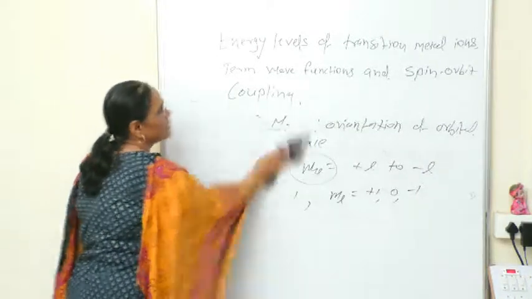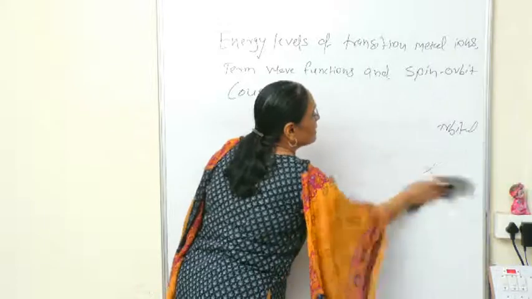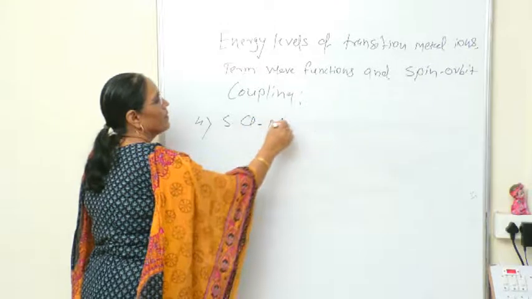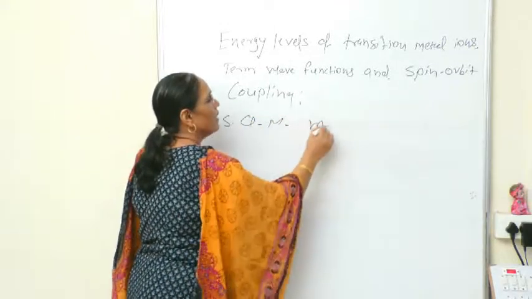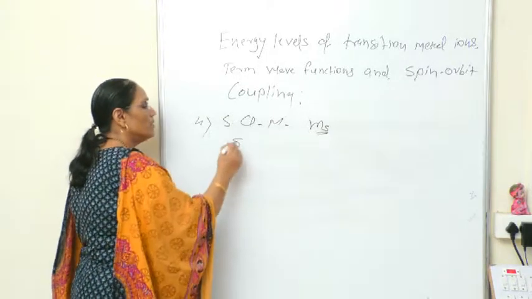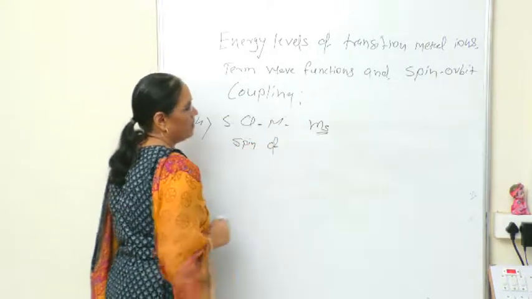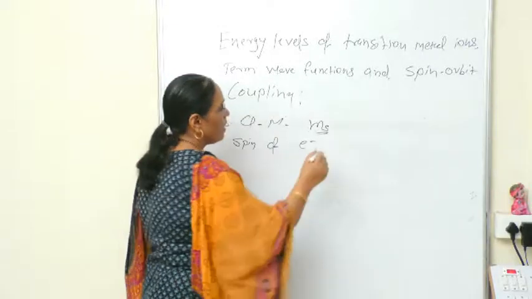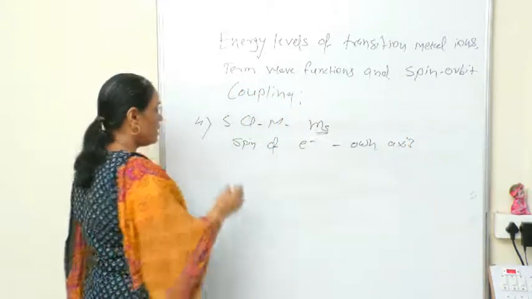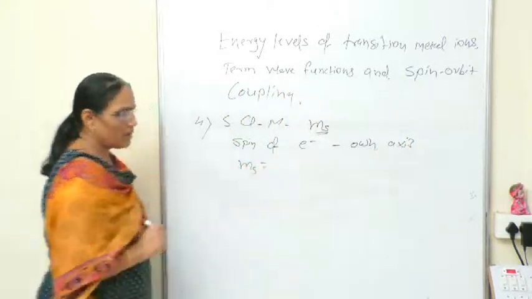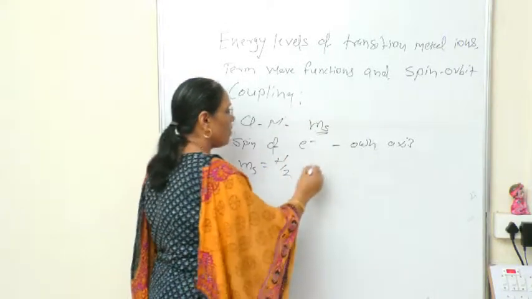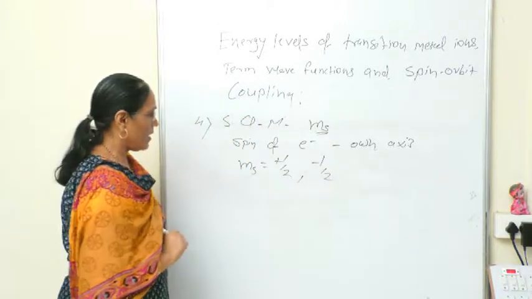And the last quantum number, that is spin quantum number, is denoted by ms, and this number gives the spin of the electron about its own axis. The value of spin quantum number is either +1/2 or -1/2.